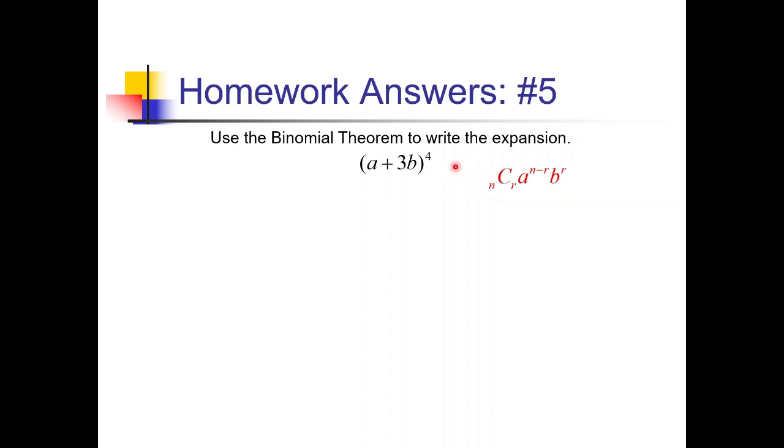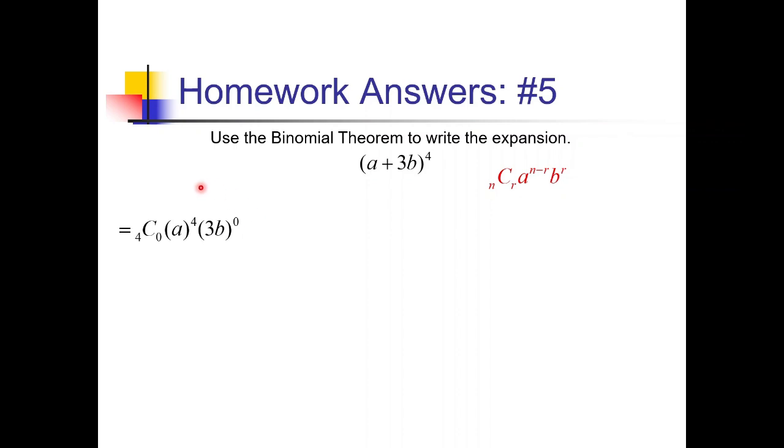So we've got 4 choose 0, and then a to the 4 minus 0, so a to the 4th, and then we've got b, which is this 3b actually, to the 0 power, because the r value is 0 for that first term.